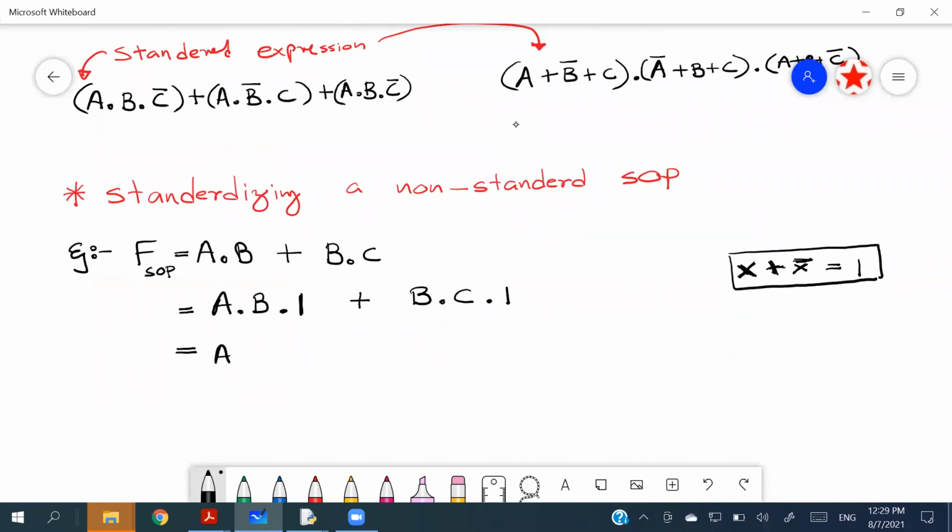That means for A dot B, for 1 we write C plus C bar. And in the second term, B dot C, the missing variable is A, so we write 1 as A plus A bar. Did you get this?